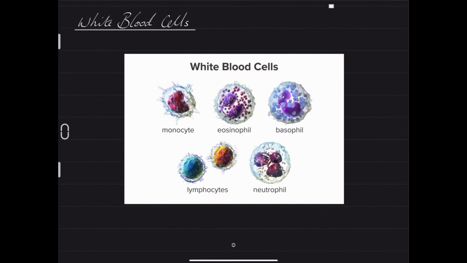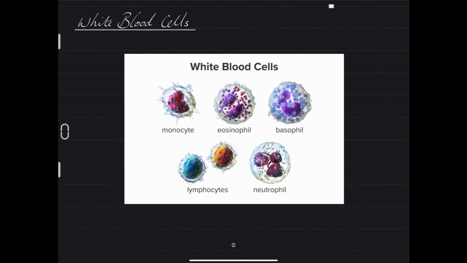Other white blood cells will form antitoxins against poisons that are made by certain pathogens. And then there are other types of white blood cells known as phagocytes that will engulf and break down by digesting invading bacteria and viruses.